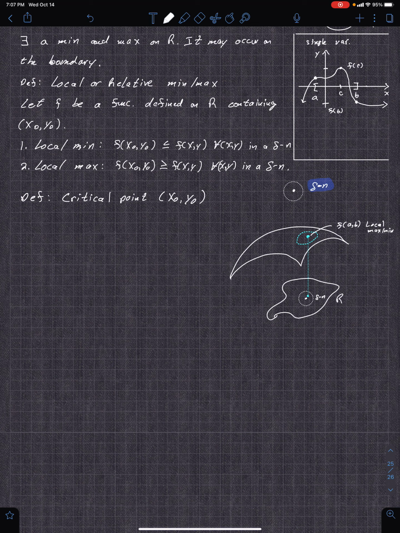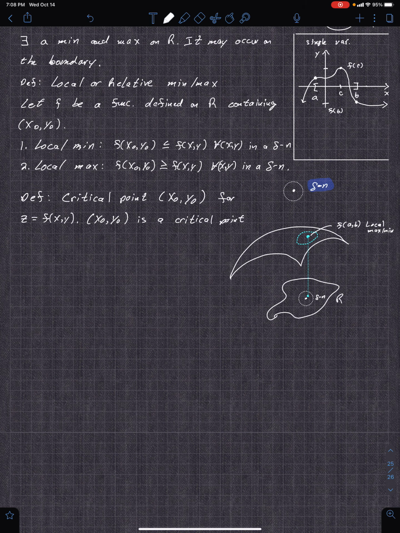Okay, so critical point x naught, y naught for a function z equal to f of x, y is this. We say x naught, y naught is a critical point.